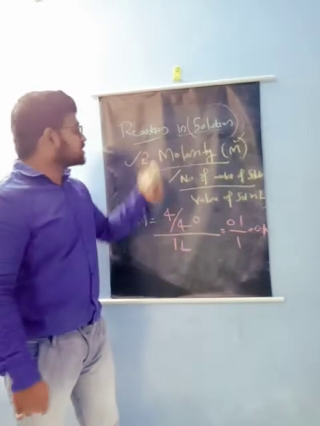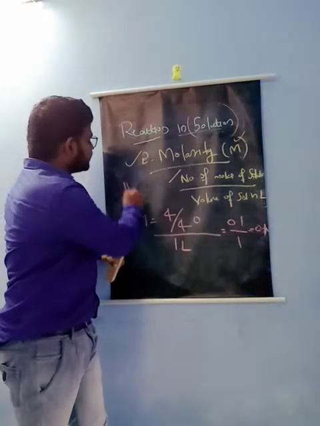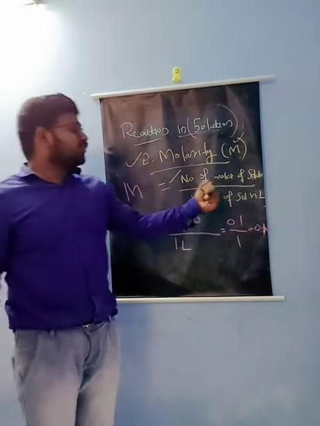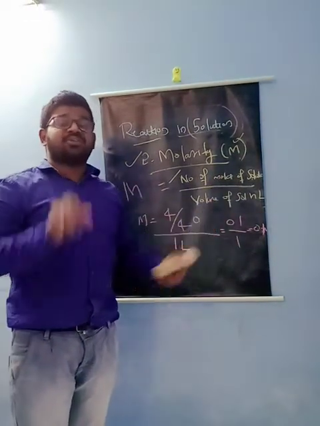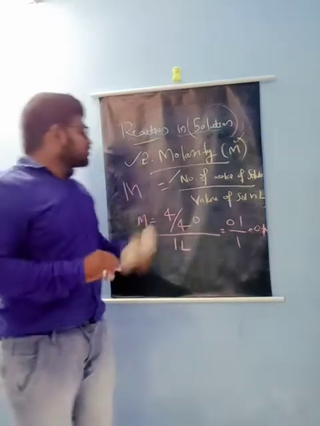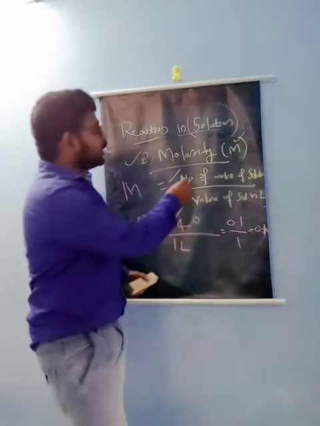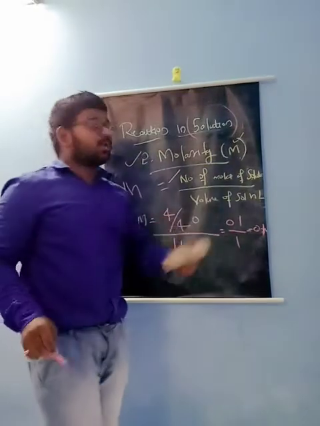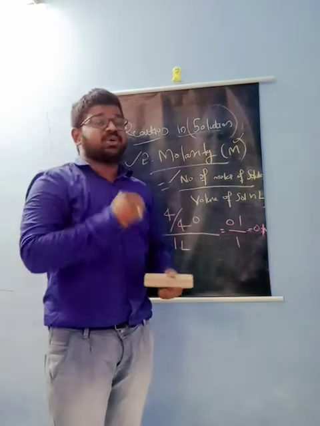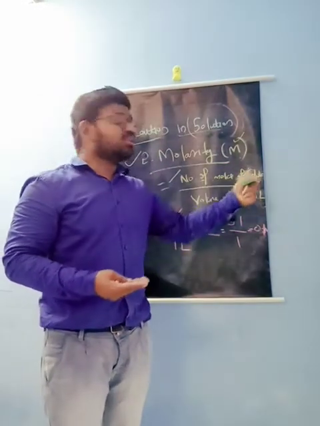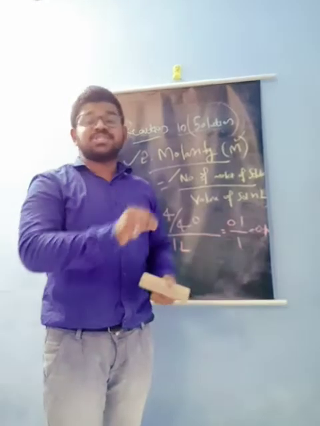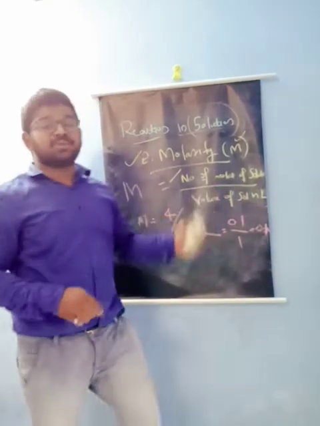By using this equation, molarity capital M is equal to number of moles of solute divided by volume of solution in liter. We know that as per this equation, we have to calculate the number of moles of solute, which is equal to mass of solute divided by molecular mass of solute.